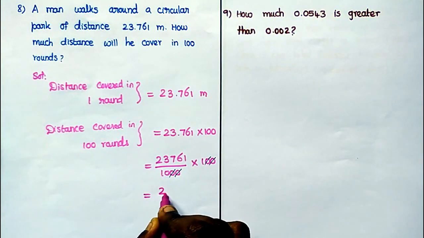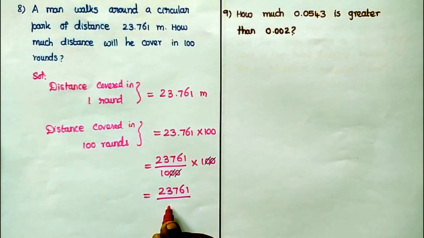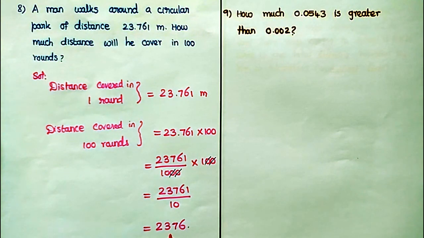What is the remaining number? 23,761 divided by 10. So before one digit we have to keep the point. So 2376.1 meter. That is the answer.